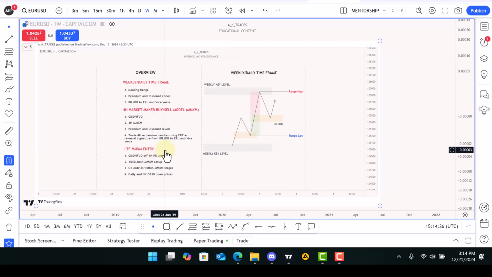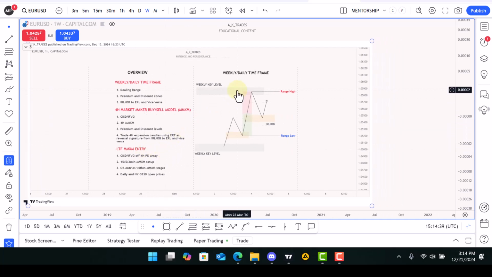So, without wasting much time, we will start with the weekly or daily time frame. Yes, weekly or daily, because sometimes the weekly chart is not all that clear. In that case, the daily can aid you to find the buyers for the week when you consider the weekly profile.